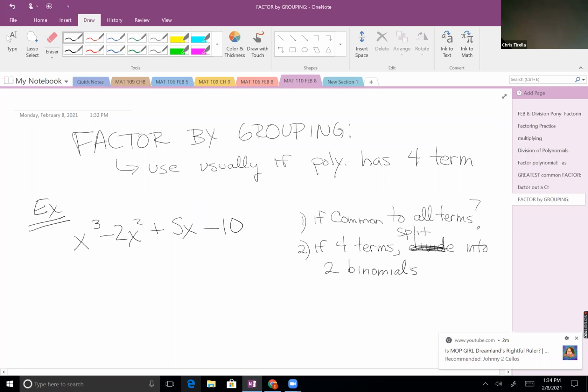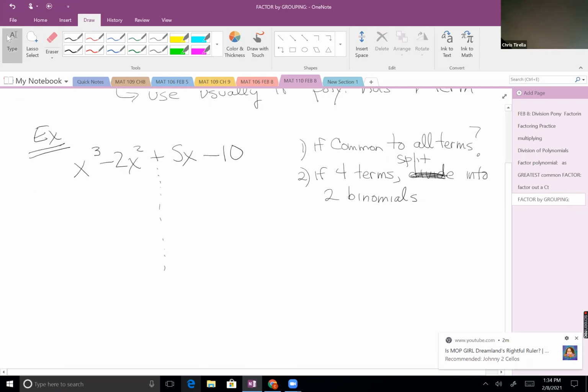Just split it in half. Draw a line down the middle. Then what I'm going to do is common factor each binomial.